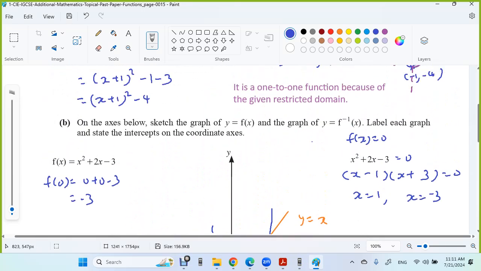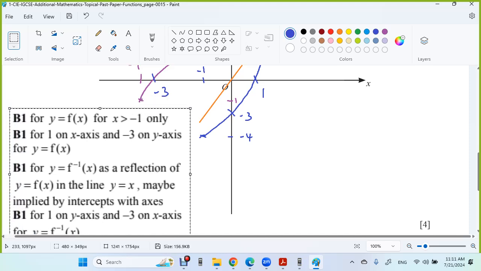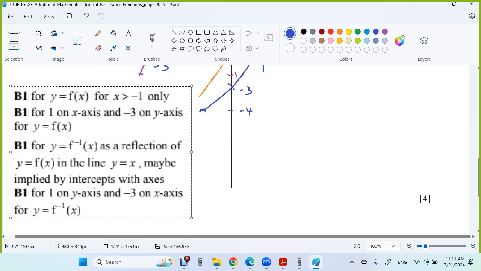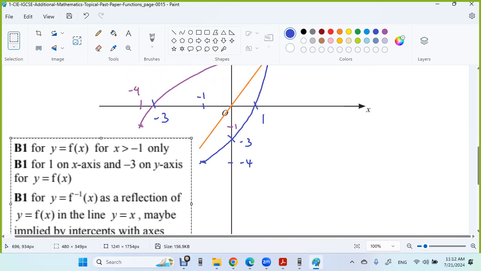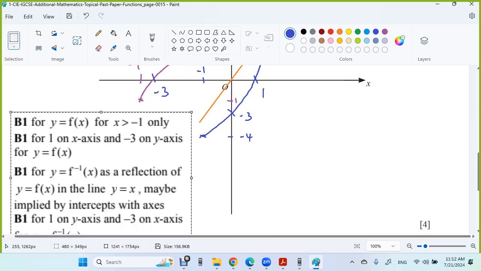We look at the answer scheme. In the answer scheme it says B1 for f(x) for x greater than -1 only, and B1 for 1 on the x-axis and -3 on the y-axis for f(x), and B1 for f inverse as the reflection of y equals f(x) in the line y equals x, maybe implied by intercept with the axis.